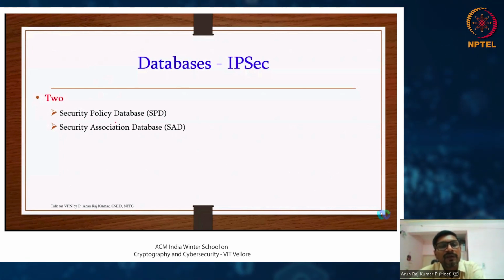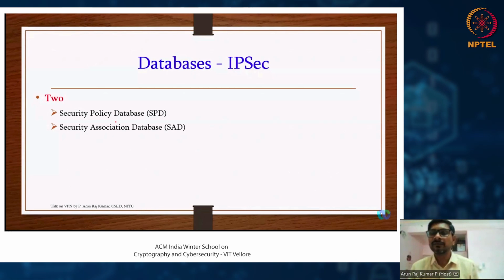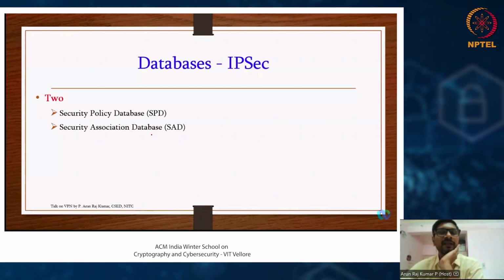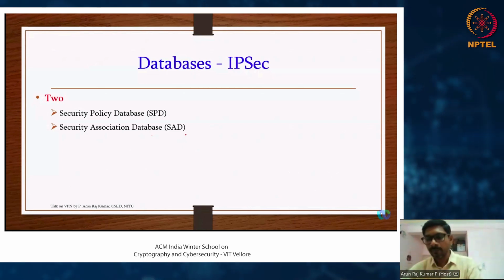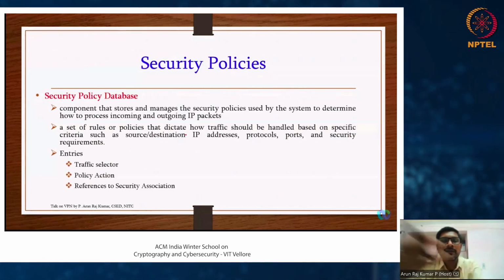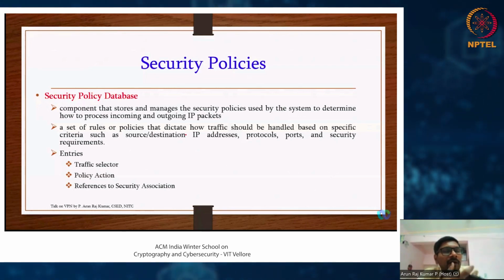Both are important when a user wants to negotiate or communicate with another user, especially in a VPN network. So let's look into this. What is meant by these databases? The security policy database is the component that stores and manages the security policies used by the system in determining how to process incoming and outgoing IP packets.